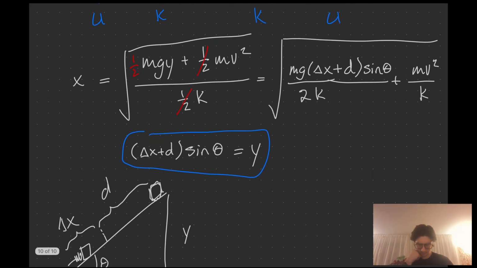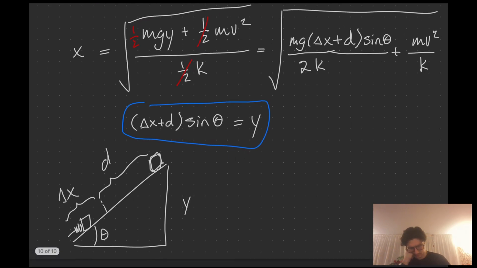Okay, interesting. Well, there's not a big problem here. I'm just going to square both sides again. And I have x squared over here equal to, let's distribute everything here. mg, I'm going to replace the delta x with just x because we're solving for x.